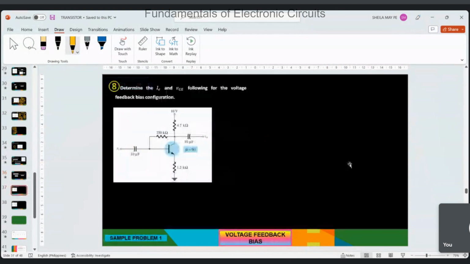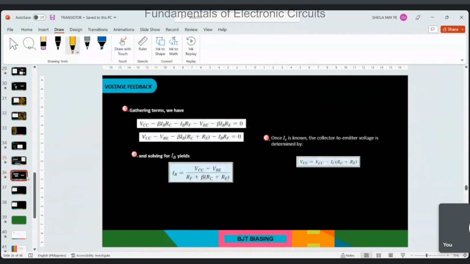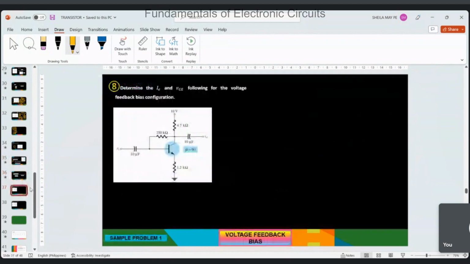Okay, we have here an example. Determine the IC and VCE for the voltage feedback configuration.